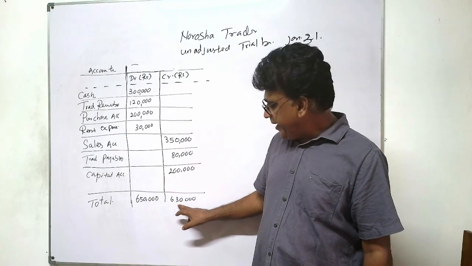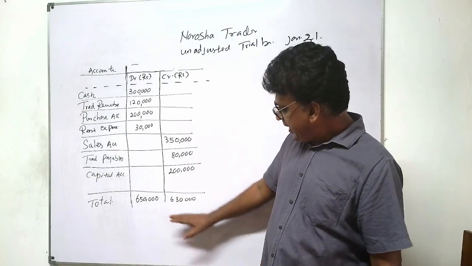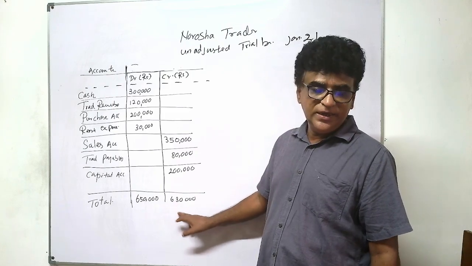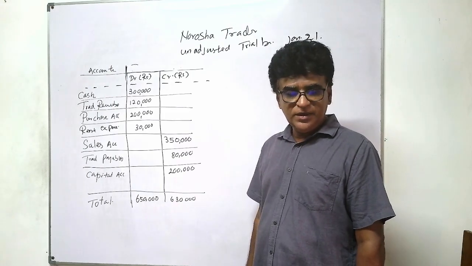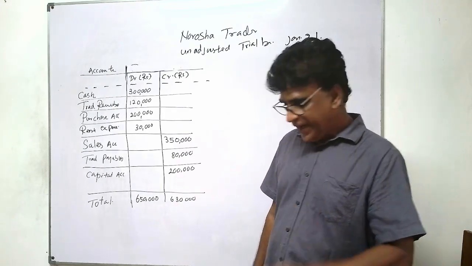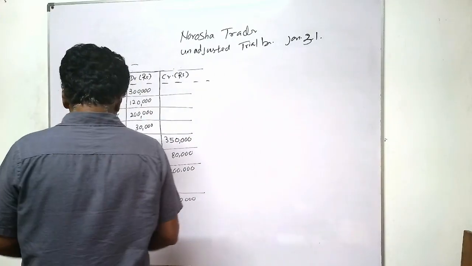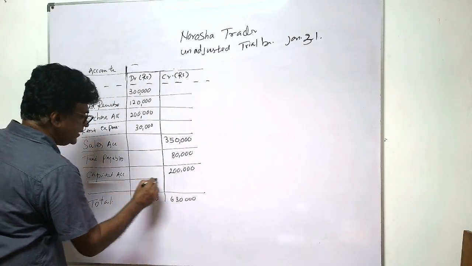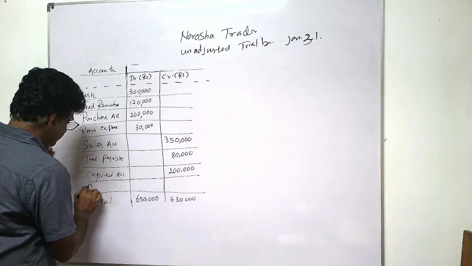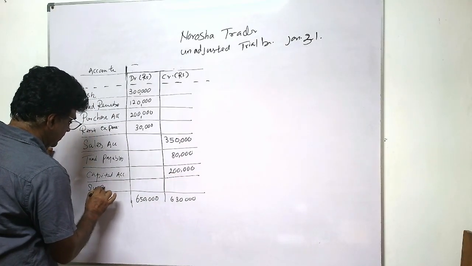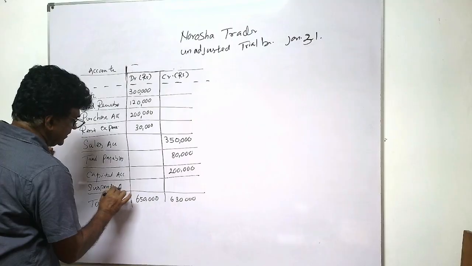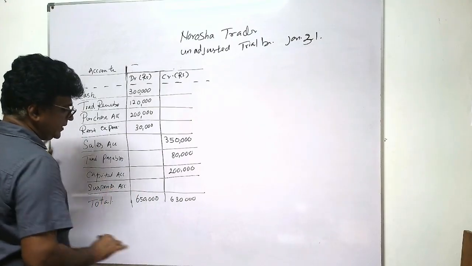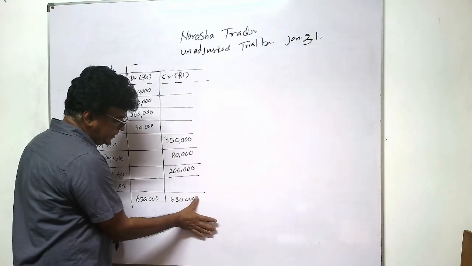There is a 20,000 rupees variance. What can we do now? We can't close this account in this situation. Right? We have additional work here. I'm adding another column, suspense account.